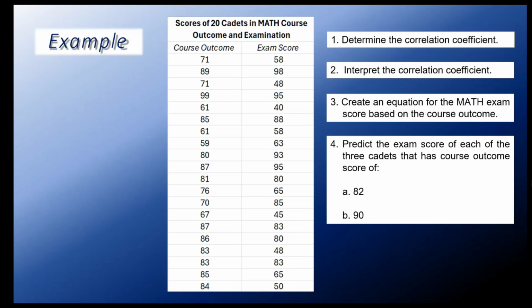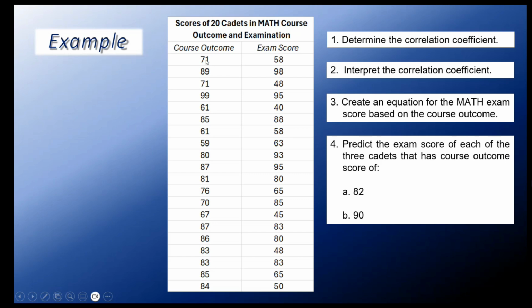So we have here an example. As you can see, these are the scores of 20 cadets in math course outcome and examination. In the course outcome, these are the scores. And in the exam, these are also the scores.